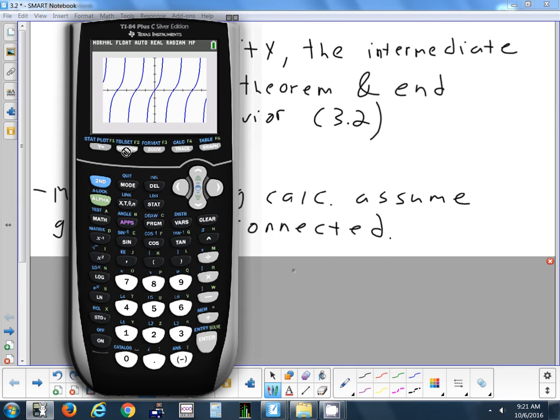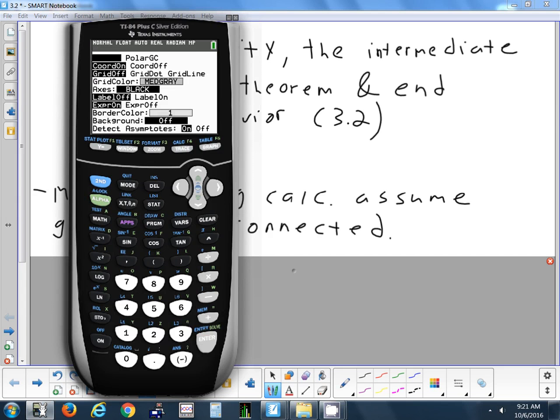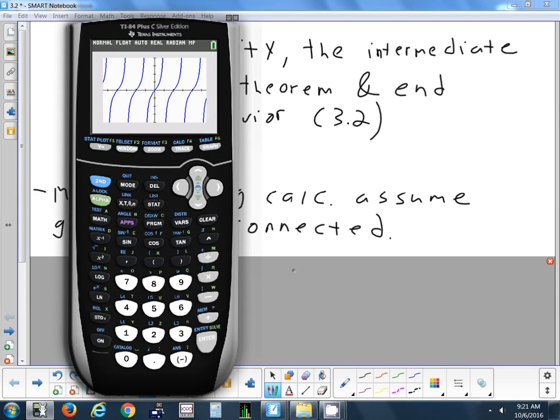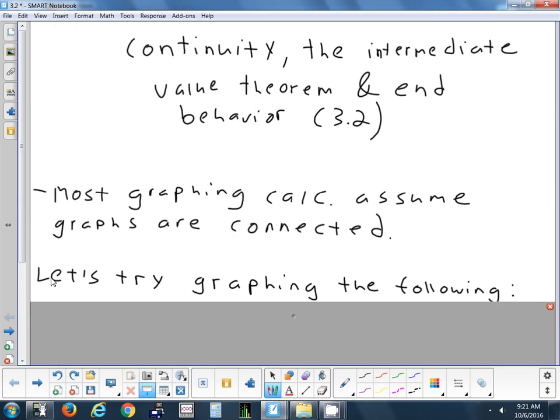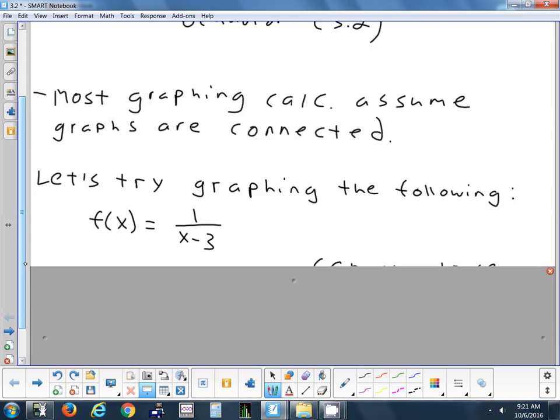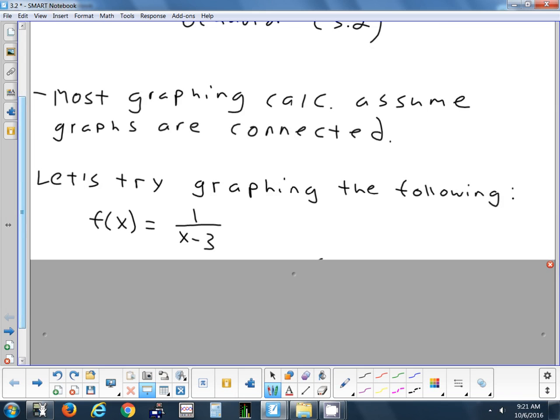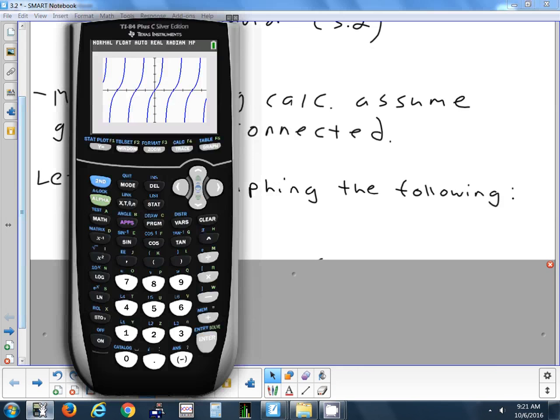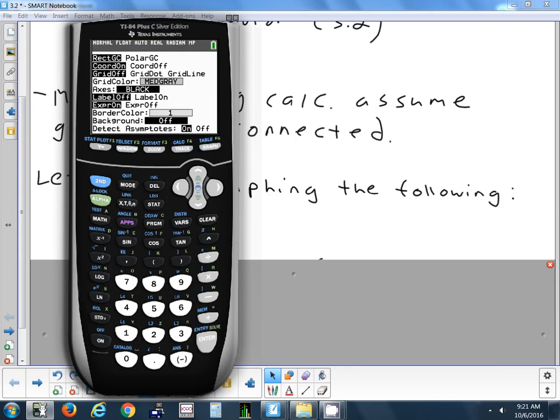Okay, that's why you saw all those vertical lines. Okay, on older calculators, you have no way to get rid of those vertical lines. Okay, on a newer one, I can detect what's called asymptotes, things that should not be connected vertically, and the calculator graphs it just fine. Okay, so let's try graphing some things that are connected and some things that aren't connected. And I'm going to graph them properly. Okay, I'm going to have the calculator detect asymptotes. Otherwise, some of the things I'm about to show you would have vertical lines where there shouldn't be any. Okay, so let's try graphing 1 divided by x minus 3.